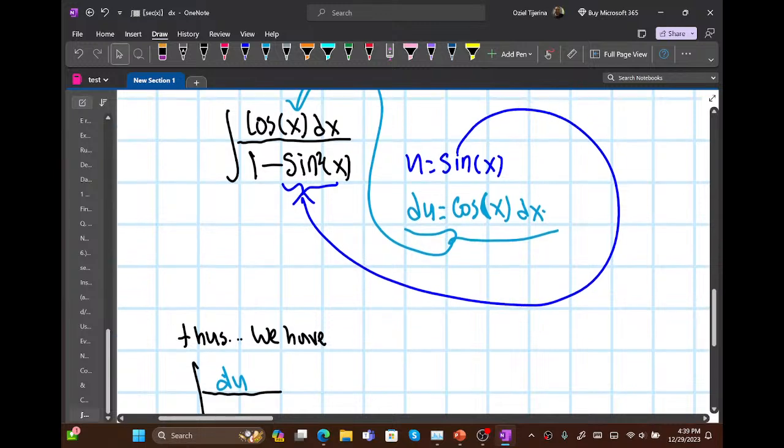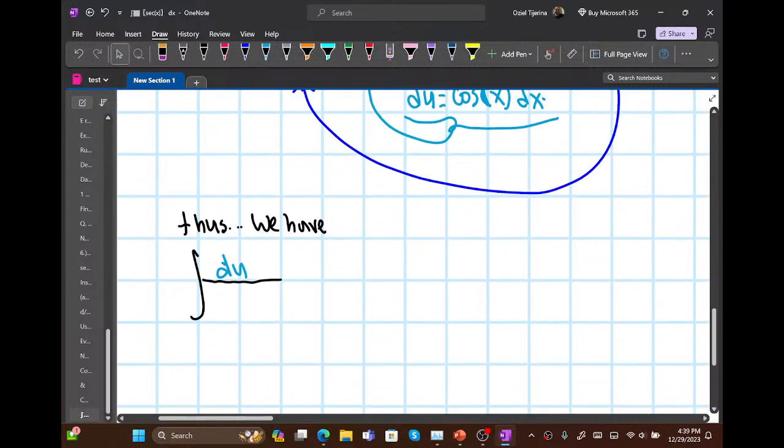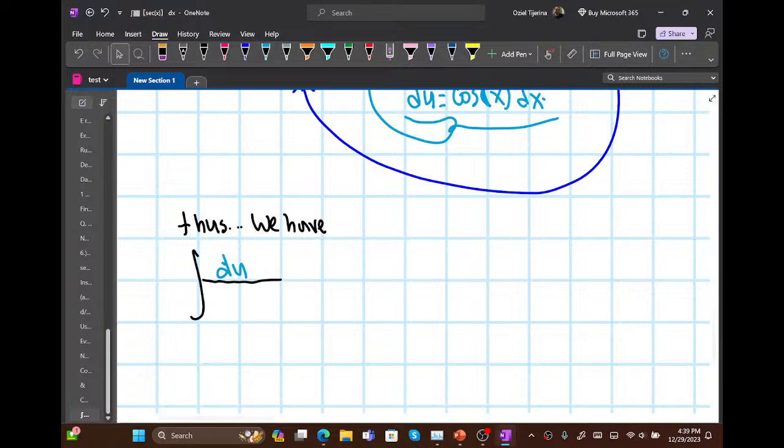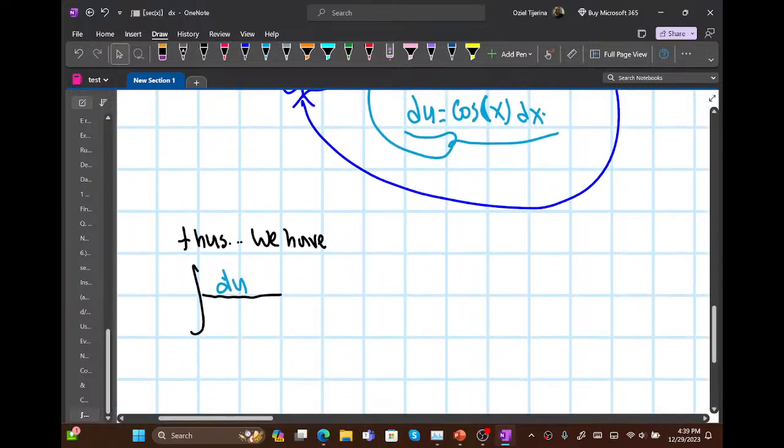I know that I don't have to do this, but I want to make sure that we understand where we are getting everything from, okay? But thank you, Light, for putting that in there. I will just reiterate it. So yes, it's going to go 1 over 1 minus u squared.